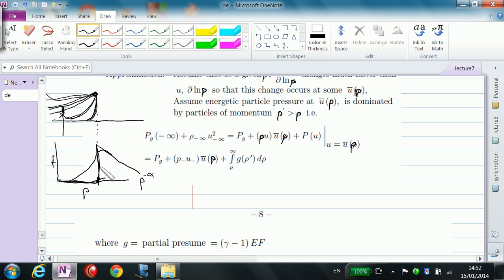And this P is determined by the condition that d of P over U is roughly equal to the absolute value of X, where X is the difference between the shock and the point upstream. Downstream, everything is still constant. That's okay.